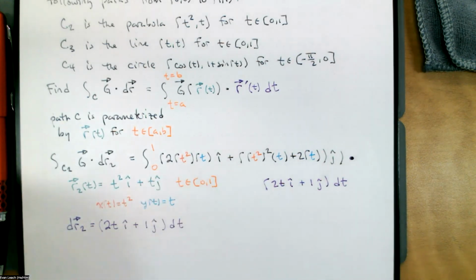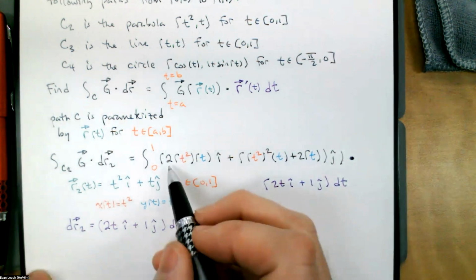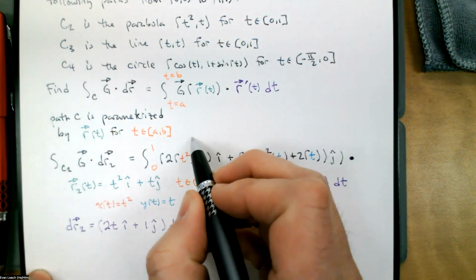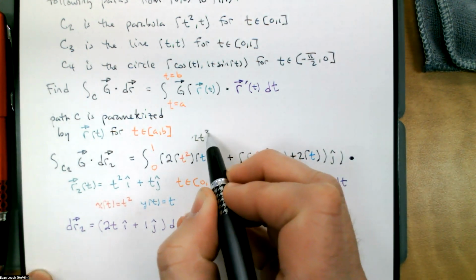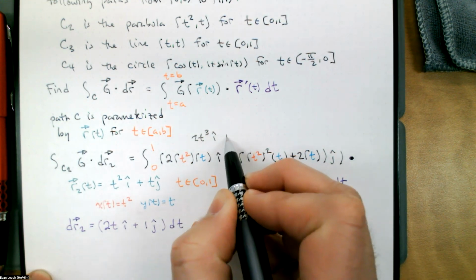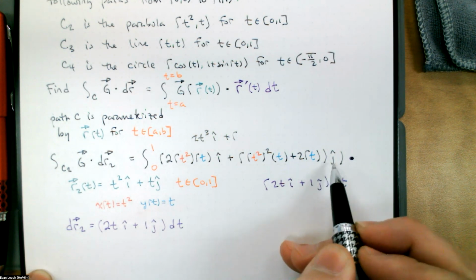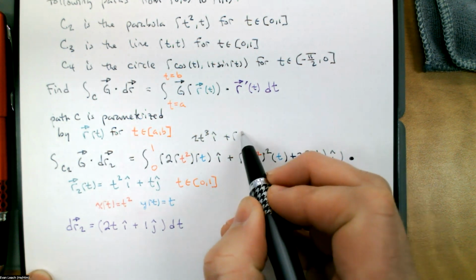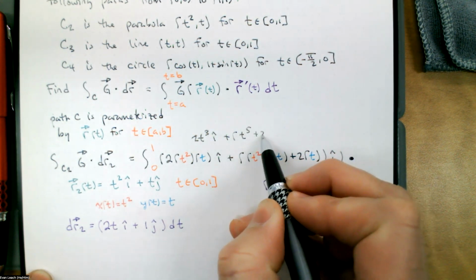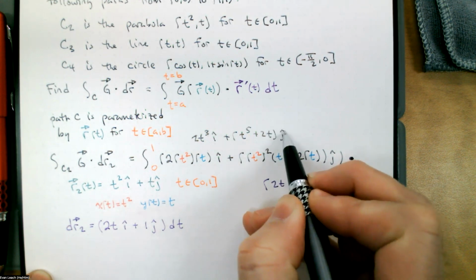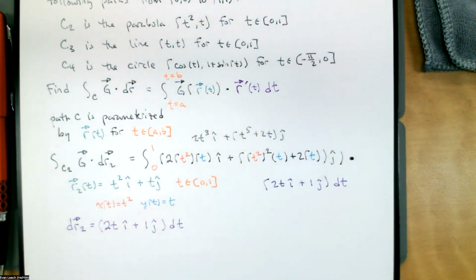I'm going to clean this up a little bit because it is rather messy, but I've got 2t cubed in the i direction. And I've got t to the 5th plus 2t in the j direction.